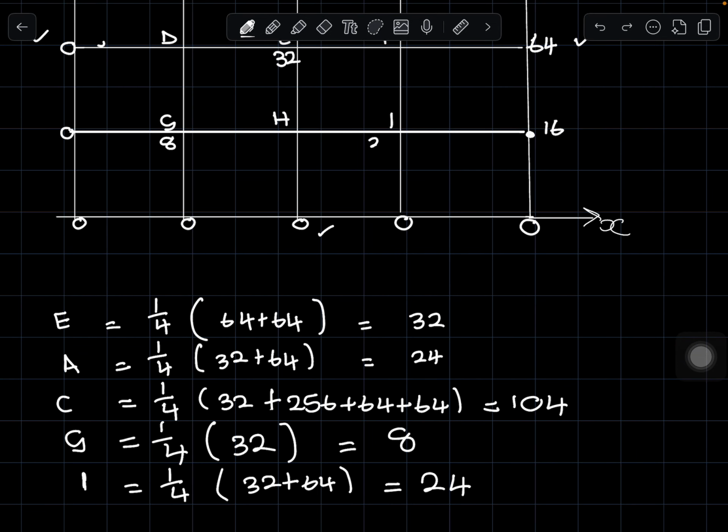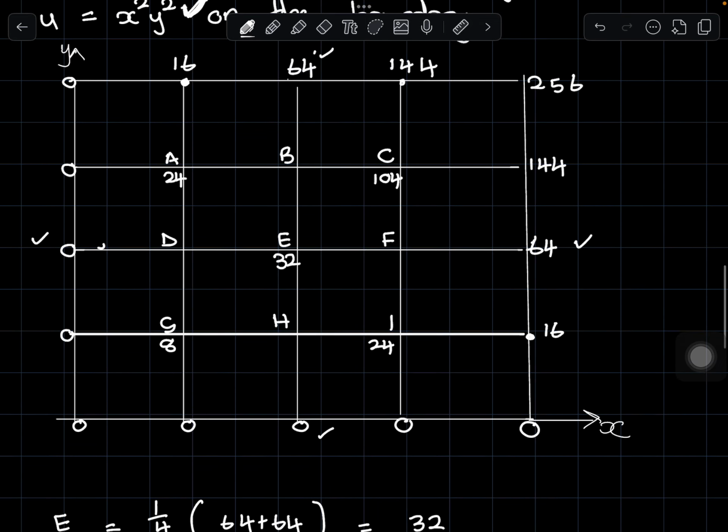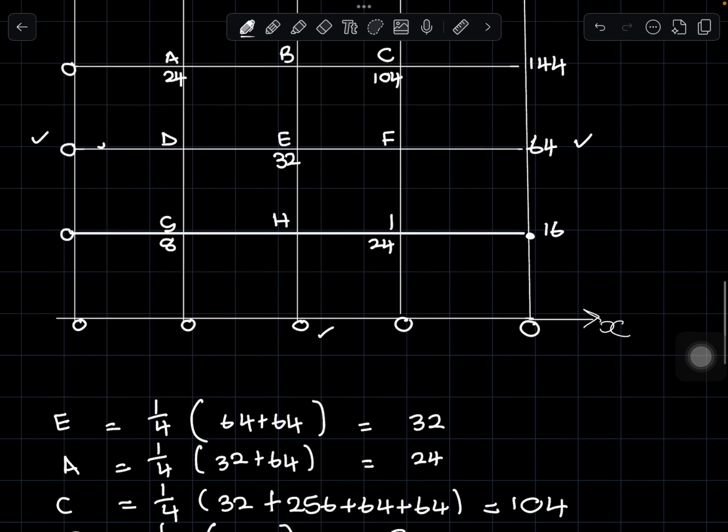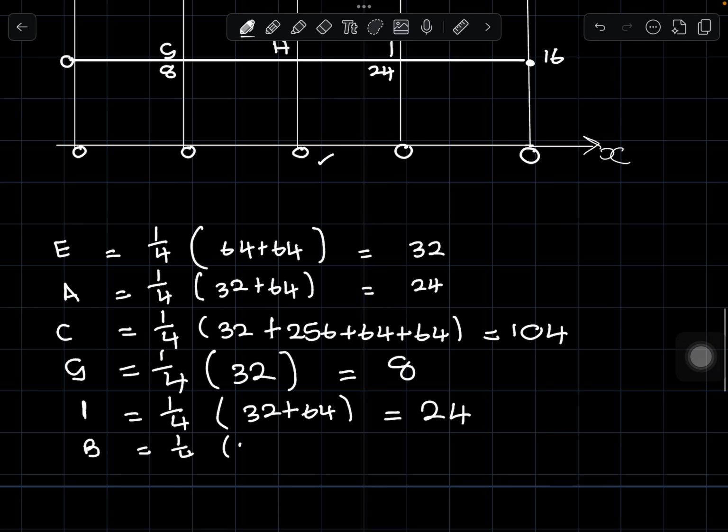So at B, we said it's 1/4 of 32 plus 64 plus 24 plus 104, of which we are going to get 56.